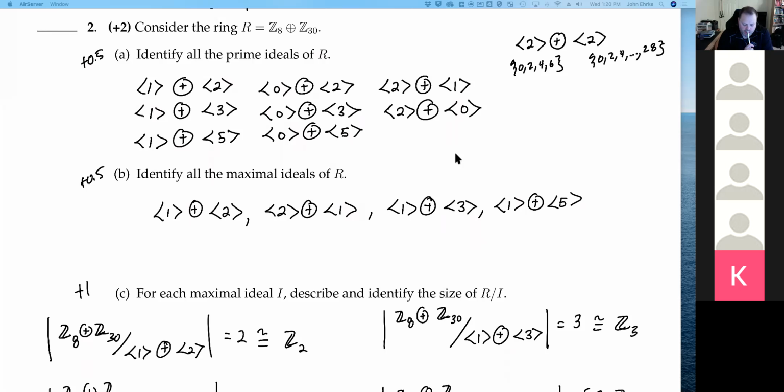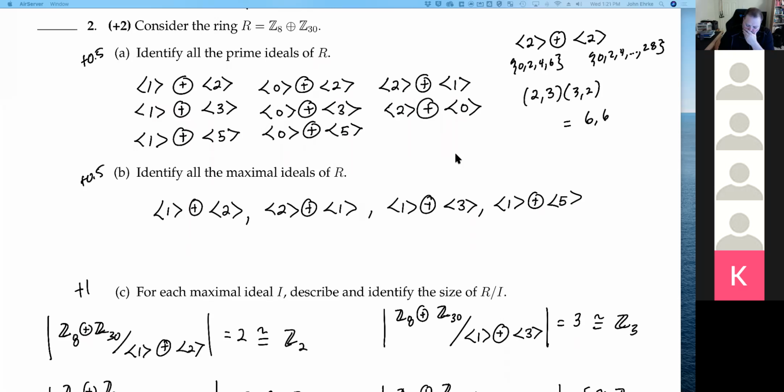And if it were prime, then if you took something like 2, 3, and 3, 2, then you would get 6, 6, which is in this, but neither of those is in that. Does that make sense?